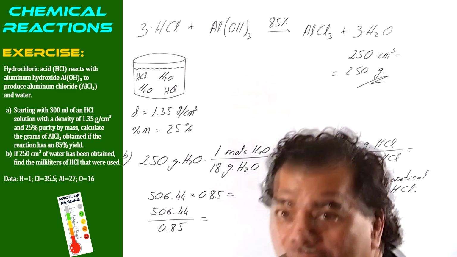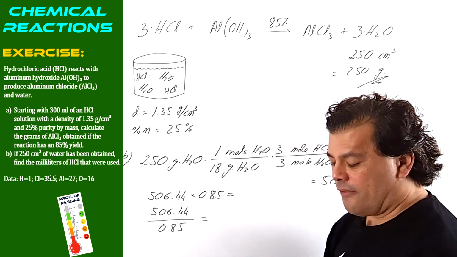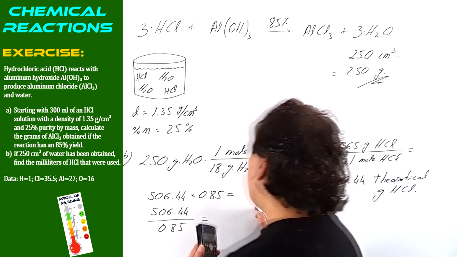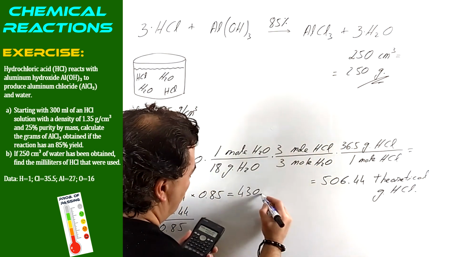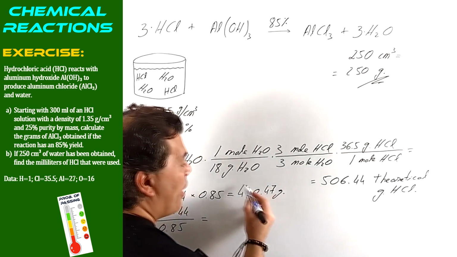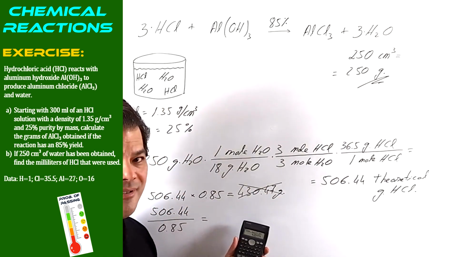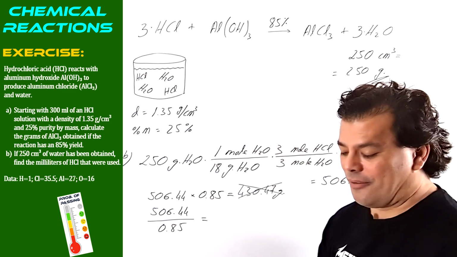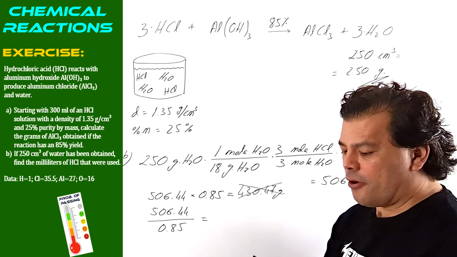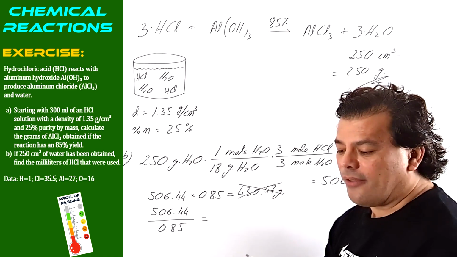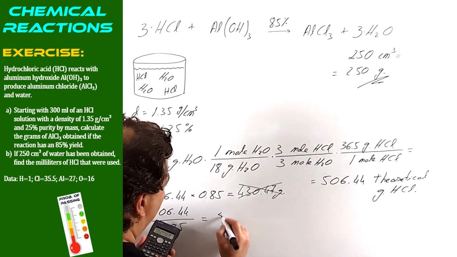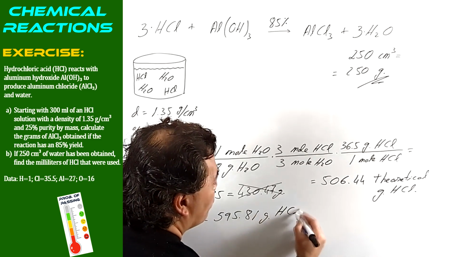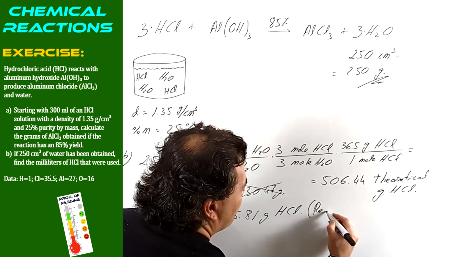Well, the first one is not correct, as 506.44 multiplying 0.85 equals 430.47 grams, and this is not the correct solution. The way to obtain more than 506 is the second one. 506.44 divided by 0.85 equals 595.81 grams of hydrochloric acid were used.